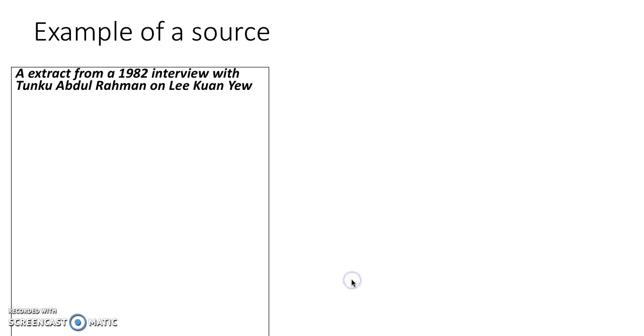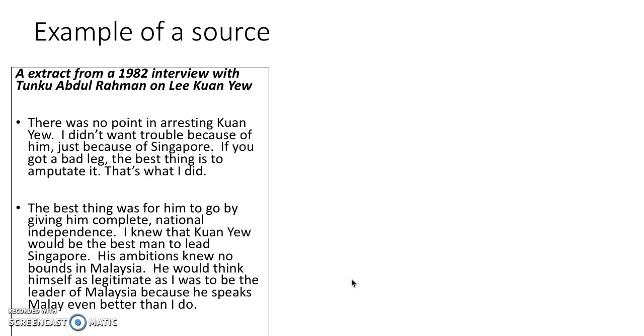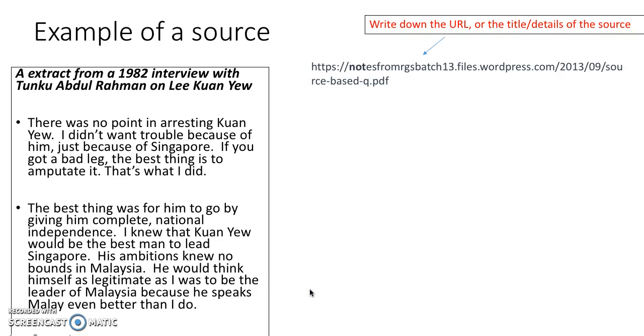Okay, now this is what you need to do. For example, this is the source that I have found. It is an extract of an interview of Tengku Abdul Rahman on Mr. Lee, and this is the extract. Now, based on this extract, it was very clear. The first thing that you need to do, as the instruction was given, was to write down the URL.